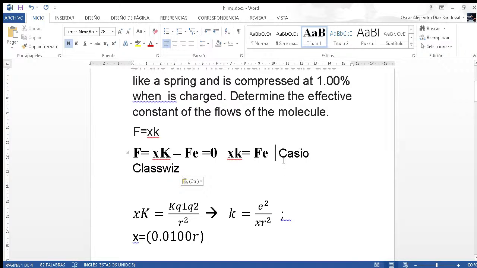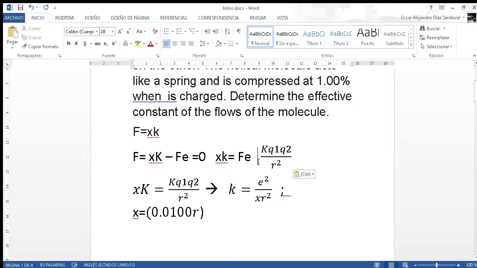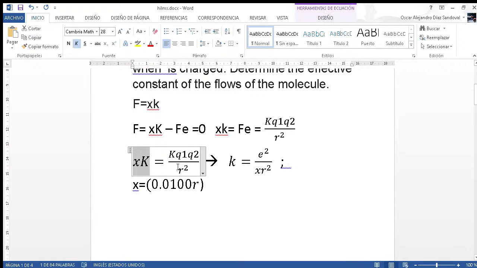Sorry guys, I have another thing on my copy, on my memory copy. The electrical force is given by this formula. So we have to equal these two formulas, and we're going to have this expression.